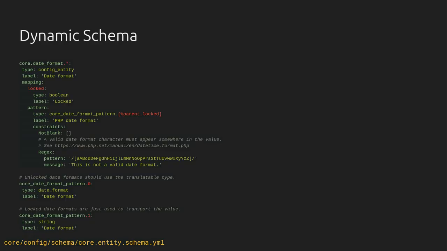Actually, I think this is it. So this is the config schema for date formats. And you can see I highlighted a couple of things in red here. Our type of the pattern uses a Boolean called locked, which is next to it.